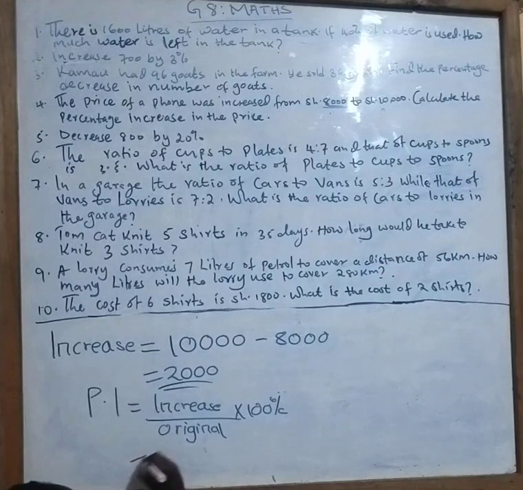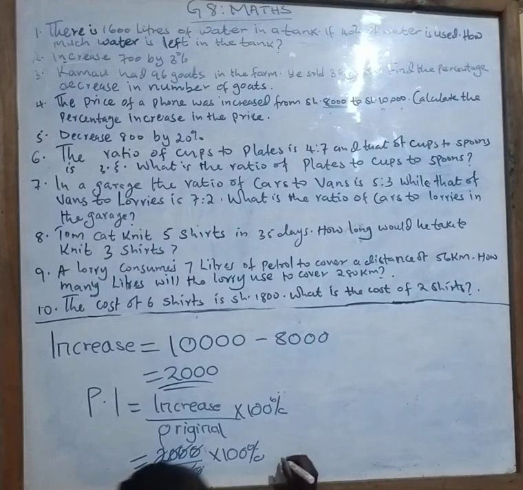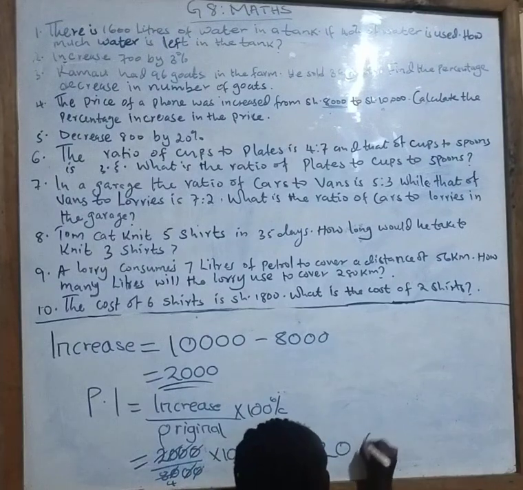Your increase is 2,000 and your original is 8,000 times 100%. Your answer is 20%.